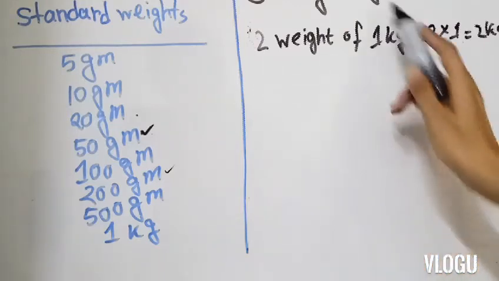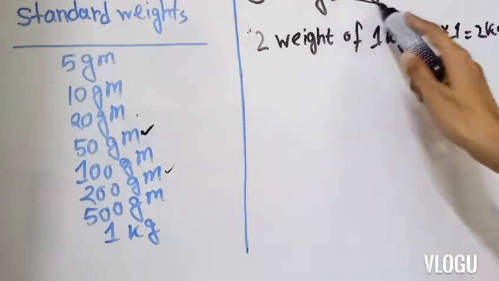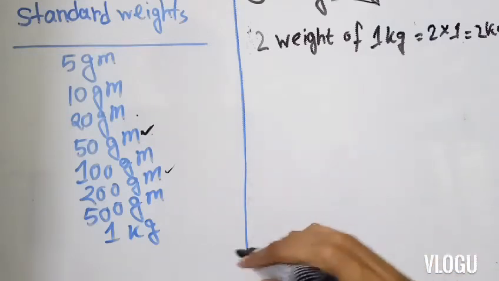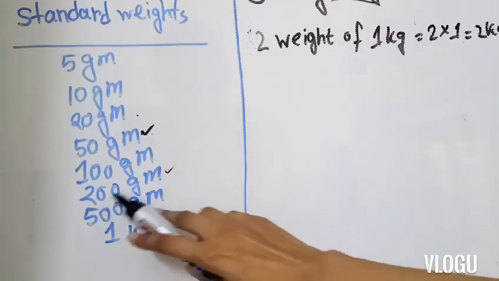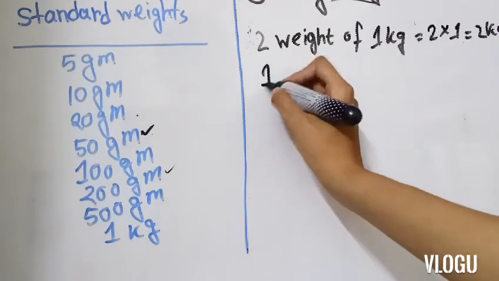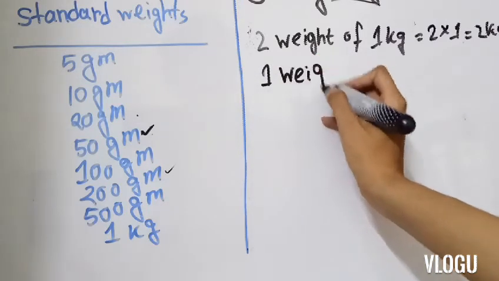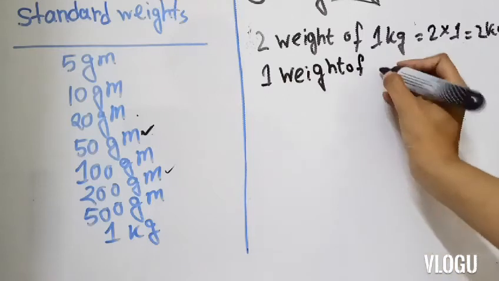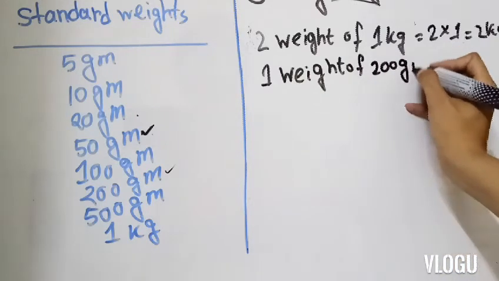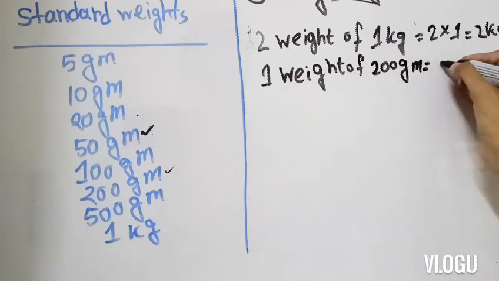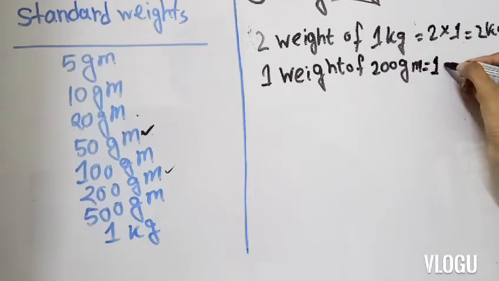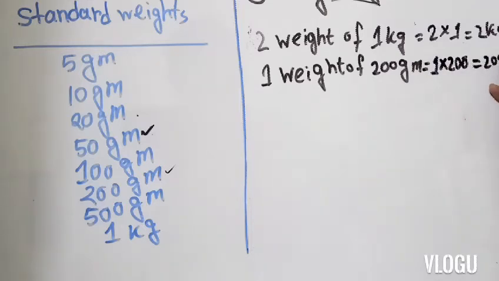Again I am taking now 375 gram. For that I am taking 200 gram. 1 weight of 200 gram is equal 1 multiplied by 200 gram.